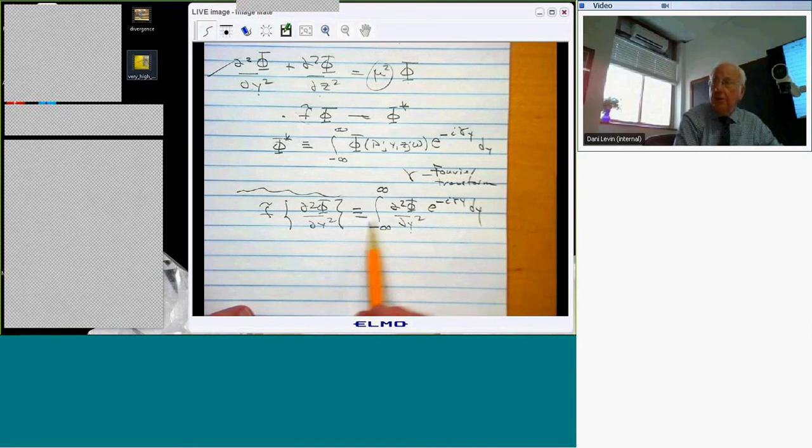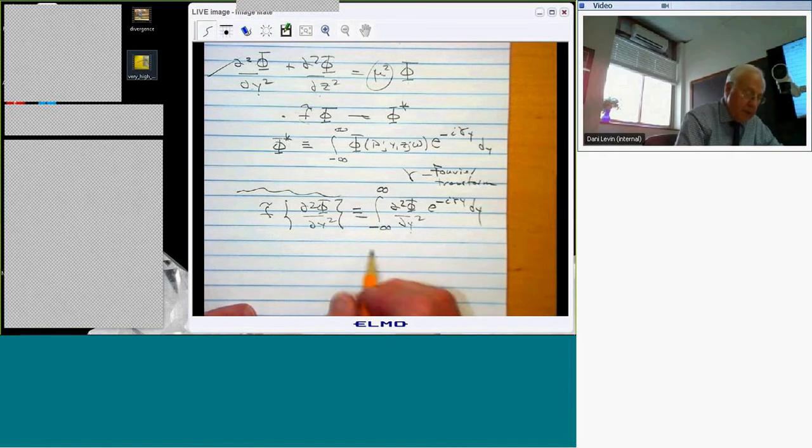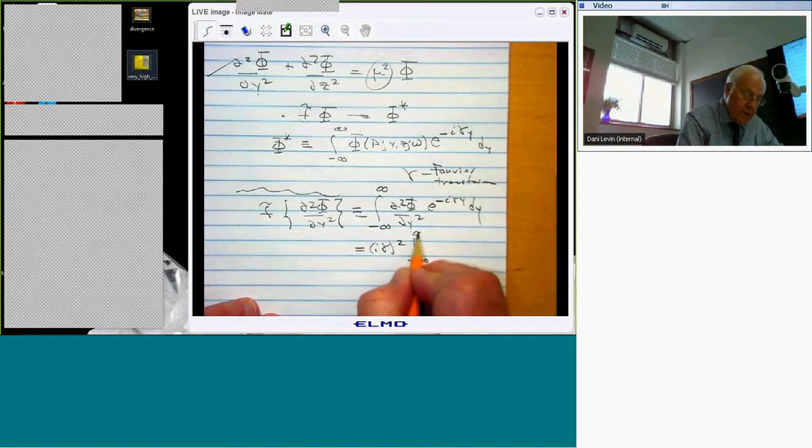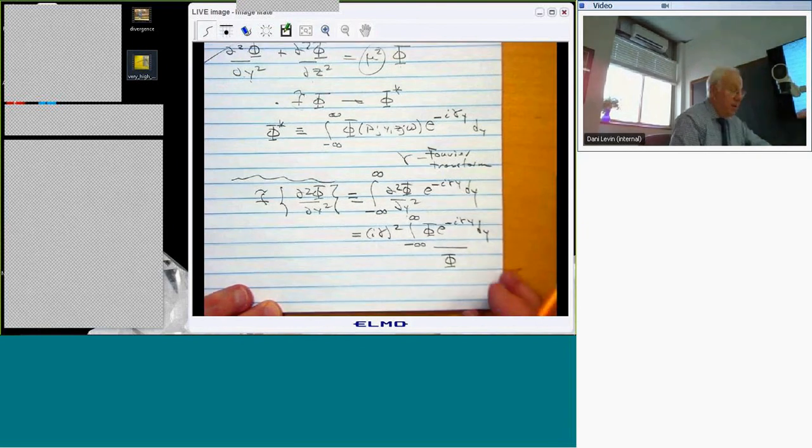But then there's a minus sign because of the integration by parts, so it turns out to be plus i gamma. So this turns out to be i gamma squared, the integral from minus infinity to plus infinity of phi e to the minus i gamma y dy, which is by definition phi star.